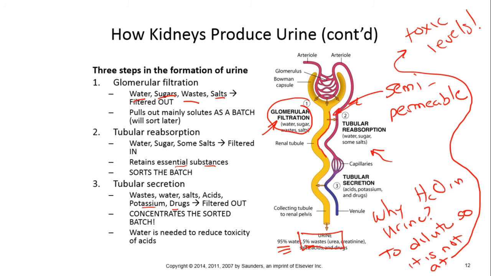That's why you drink so much water a day. That's why it's recommended to drink at least 8 glasses worth of water a day. It's because not only does your body need it for its metabolism, but also your body needs it to form that urine so that the urine does not become so toxic.